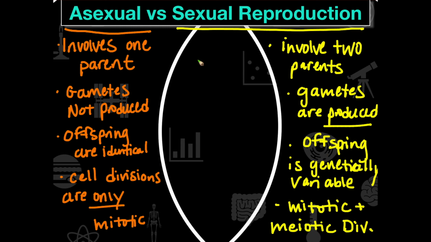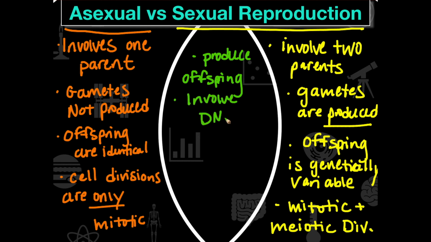Now, if we're comparing both of them together, they're both going to produce offspring, and they're going to do it a little bit differently. So offspring are both produced. They are also both going to involve DNA or genetic material.